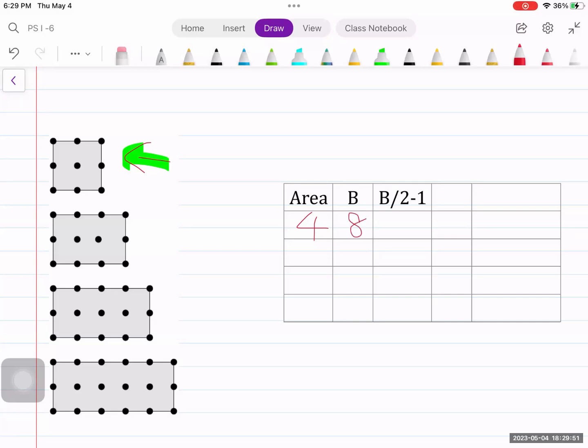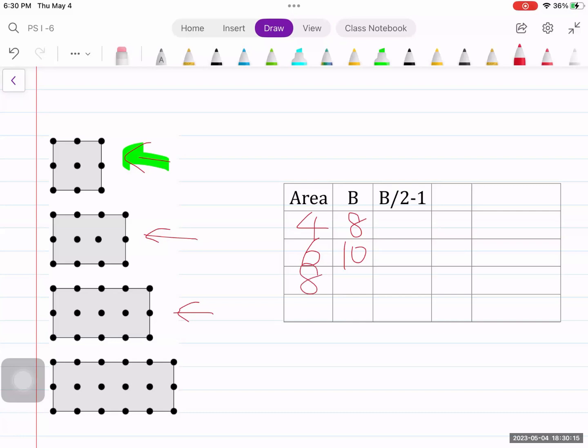Okay, what about the next area? What about this one? Well, area is, let me see, 6. And the points on the boundary? 10. And this one? Area is 8.